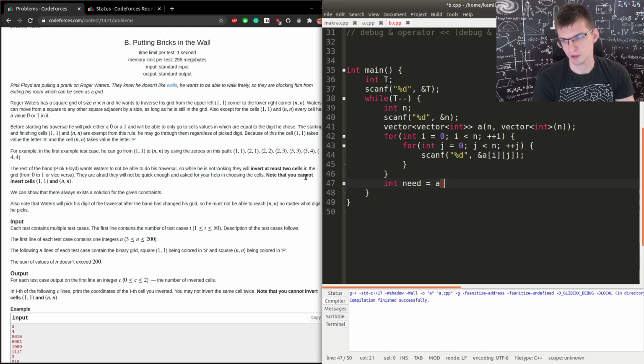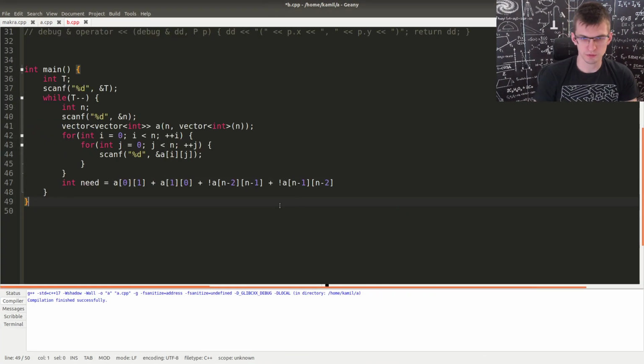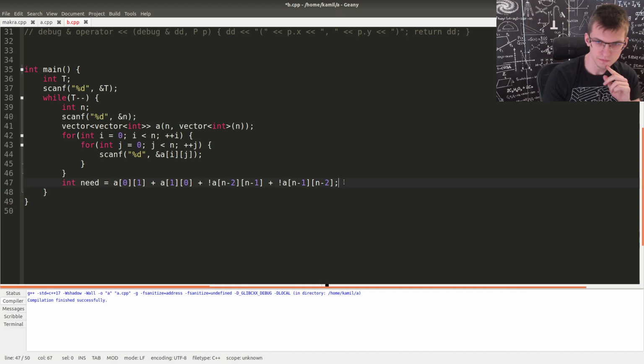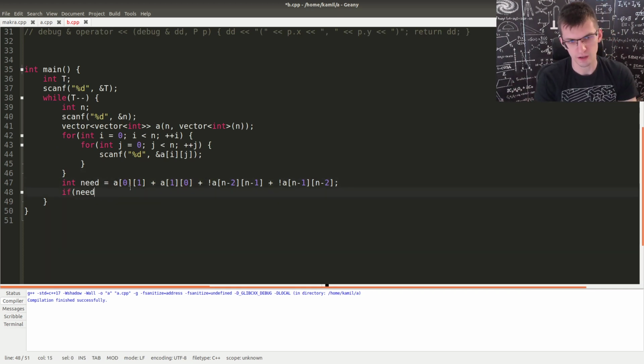What about that? A of 0, 1 plus A of 1, 0 plus the opposite of A of -2 and -1. Will this work? This is the cost needed to get a situation with 0, 0, 0, 1. Like if this is 1, then I have a cost of 1. And now if this cost doesn't exceed 2, then I do that.